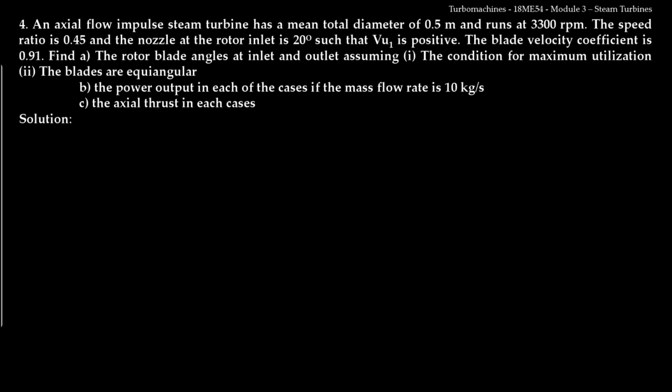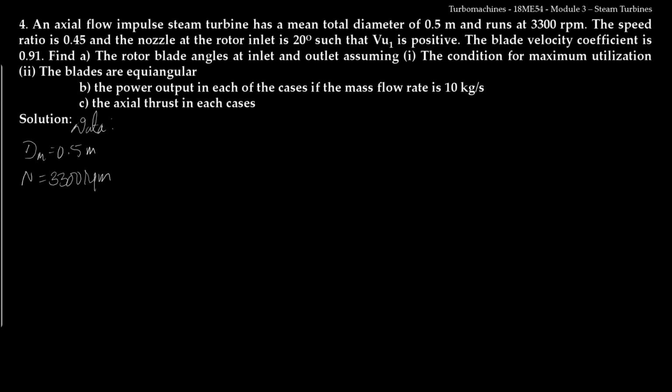First, let us list out the data given in the problem. They are given the mean diameter Dm, which is 0.5 meters, and the rotational speed of the turbine, that is 3300 rpm.